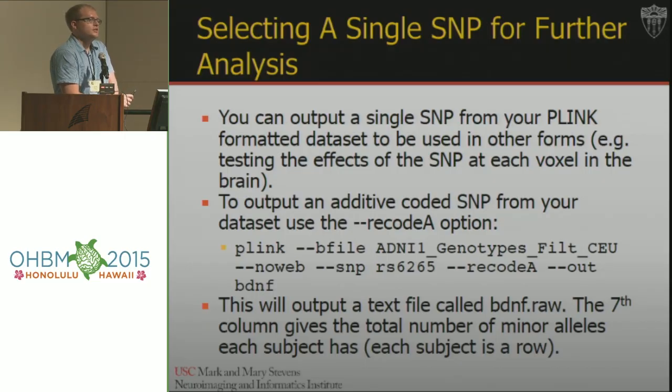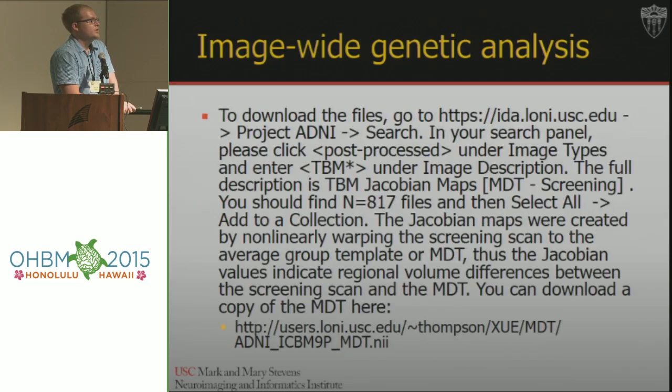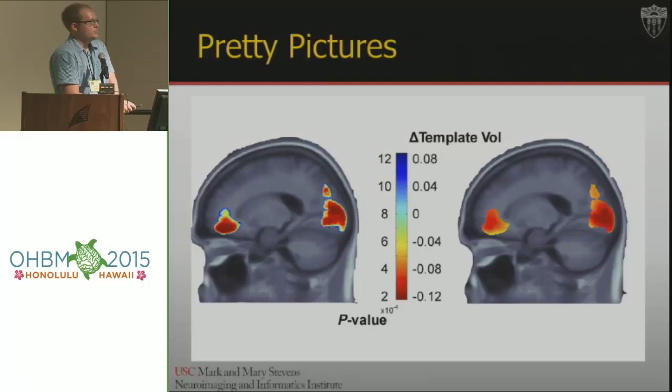So say you're following up a hypothesis about a single SNP, and you want to do a point-wise test in an FA map in your subjects. There's code online at the GitHub that I talked about before that will help you go through that process. And the following slides will show you how to do it. And you can end up with pretty pictures like this, for example.